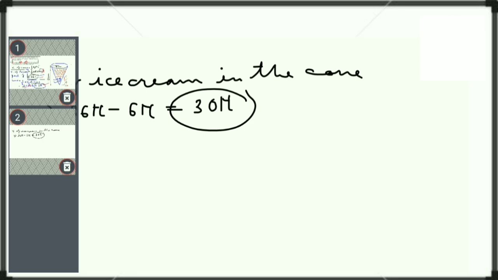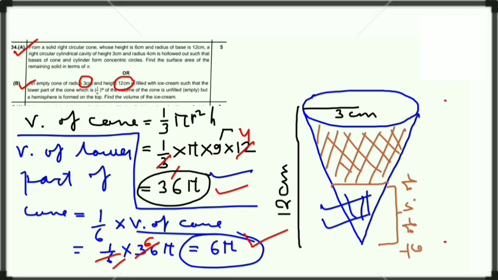Again, it has been written in the question, a hemisphere is formed on the top. It means a hemisphere of ice cream has been formed on the top like this, and here we need to find the volume of this hemispherical part of ice cream.